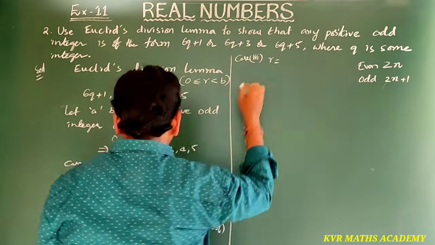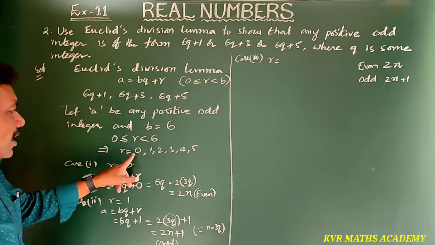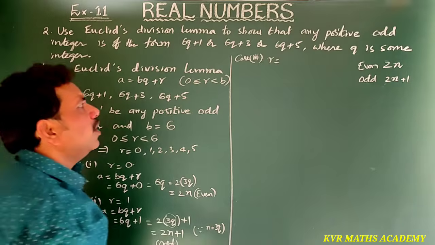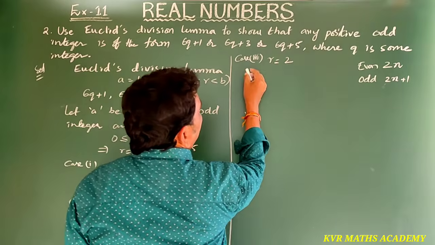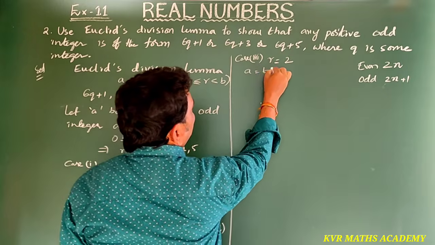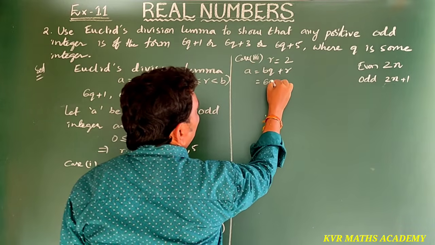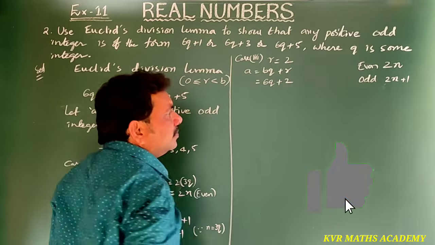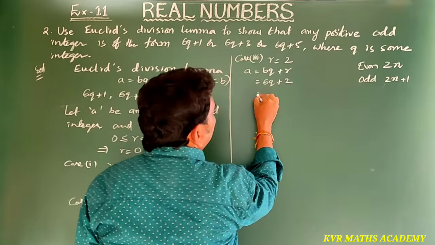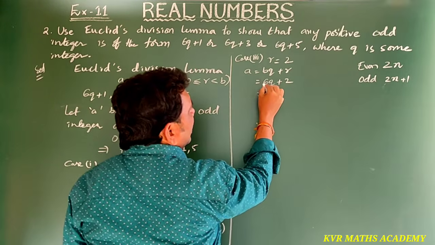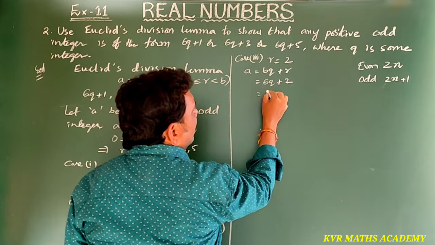Yes, r is equal to how much? 0 completed, 1 completed, 2. r is equal to 2. So a is equal to bq plus r, that is equal to 6q plus 2. In this, what is the common one? 2 is the common one.